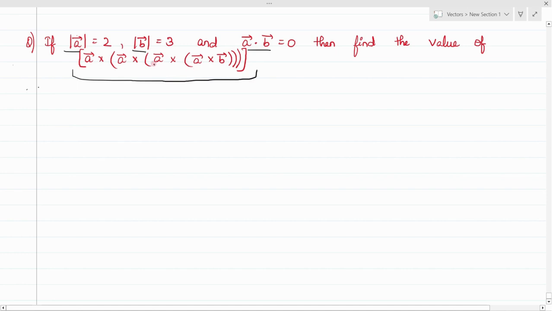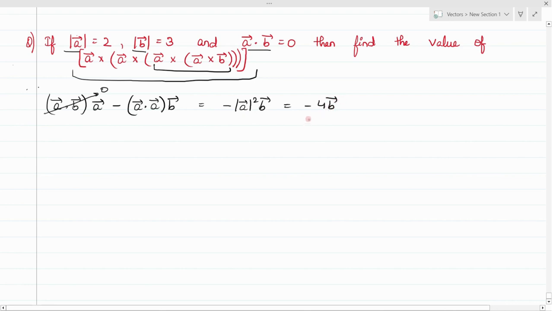First, let us find up to here by simply using the vector triple product formula, which becomes A dot B into A minus A dot A into B. Now, A dot B is 0, so this whole thing becomes 0. A dot A, according to the property, becomes magnitude of A square into B vector. Magnitude of A is given, that is 2, which becomes minus 4B vector.